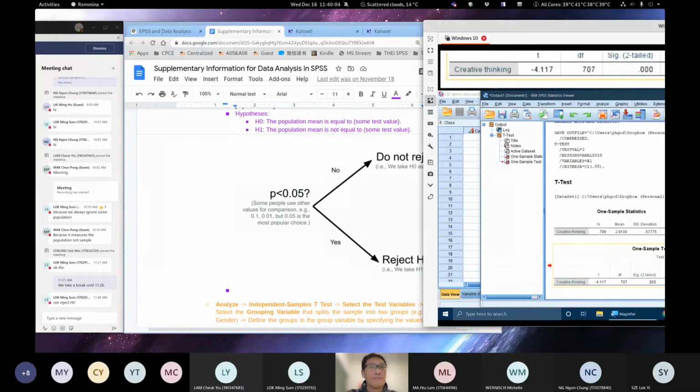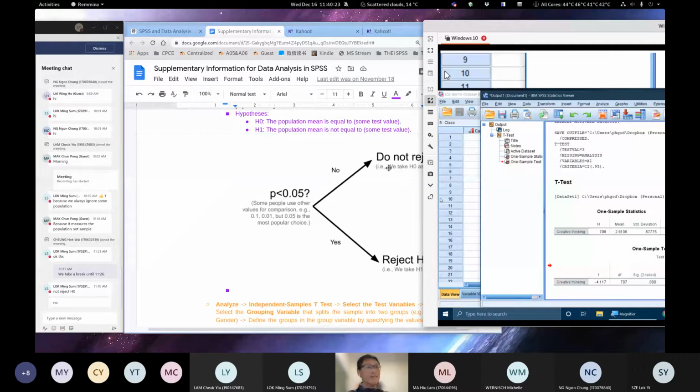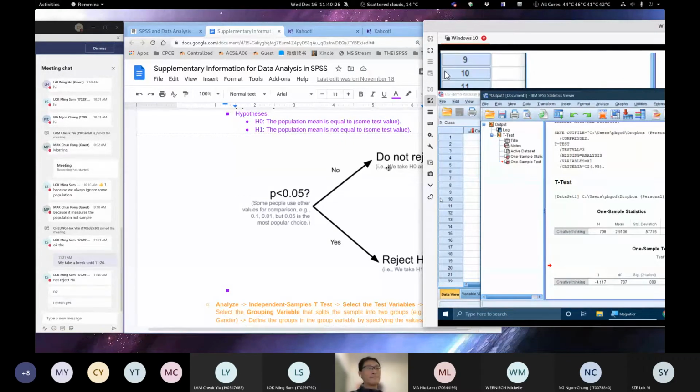Reject or not reject? Okay. One of you says we do not reject. Do not reject means that you go to the upper side, right? Any other suggestions? Oh, you mean yes. Okay. Yes means you reject the H0.